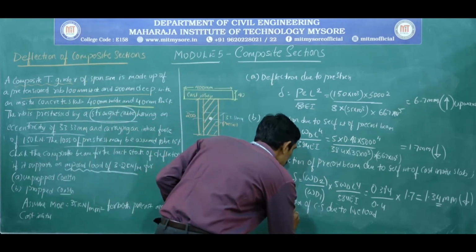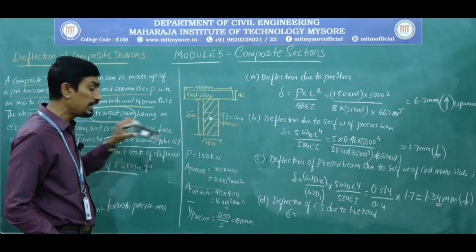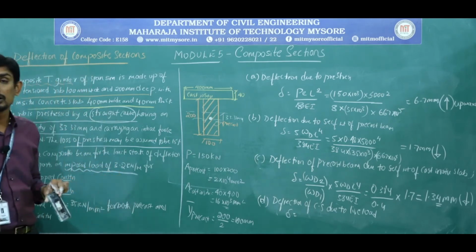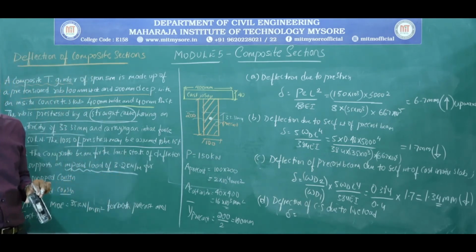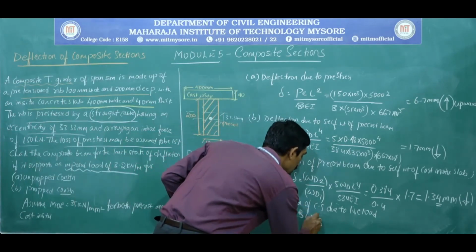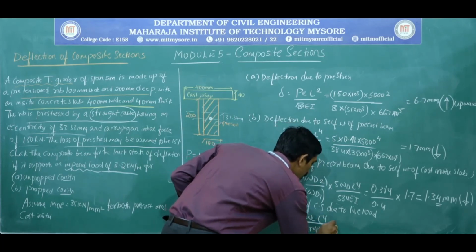What is the formula? When you're going to calculate the deflection due to live load, please check in the problem. They have given it is UDL, so you need to be very careful. Based on that, substitute: 5 W L into L to the power of 4 divided by 384 EI.